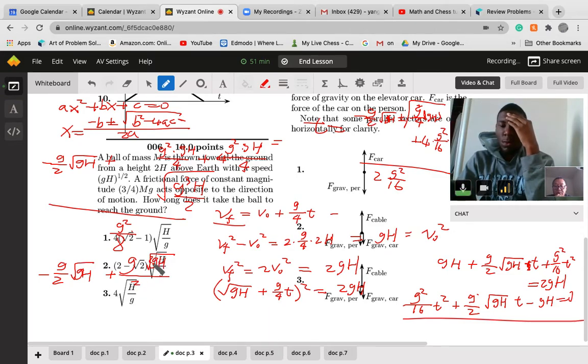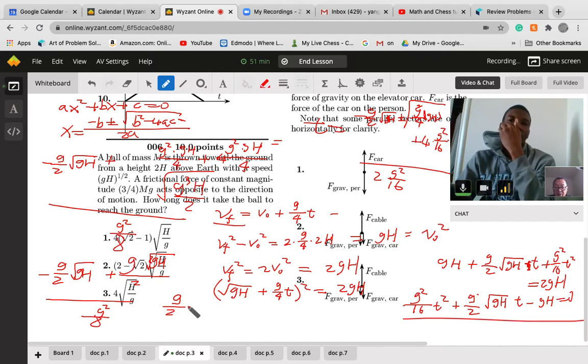Then this one will be times 2. Then divided by g squared over 8. Then simplify this. Both sides, we can take g over 2. This one plus this.